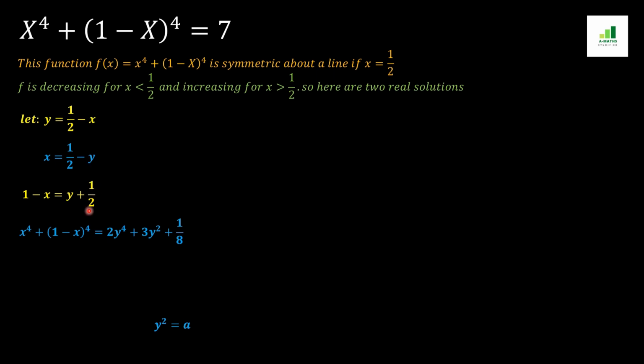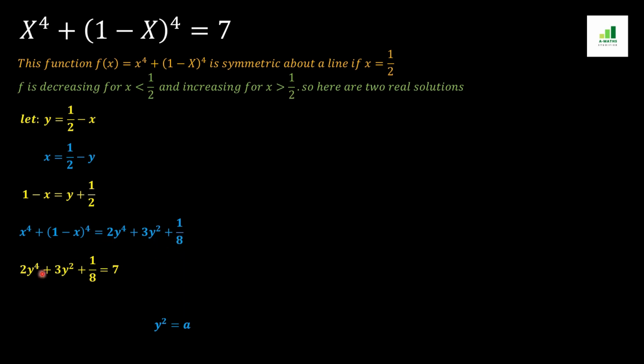we should get the other side of the equation as 2y^4 + 3y^2 + 1/8. As we know, this whole equation is equal to 7, so after the assumption this whole value is also equal to 7.